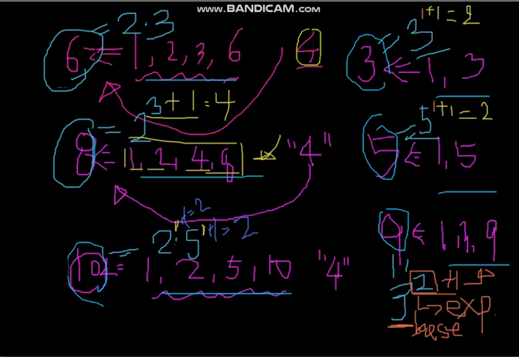Since they are connected with multiplication, you simply multiply them and it becomes 4, okay? And in the same manner, 2 times 3 has exponents 1 and 1.